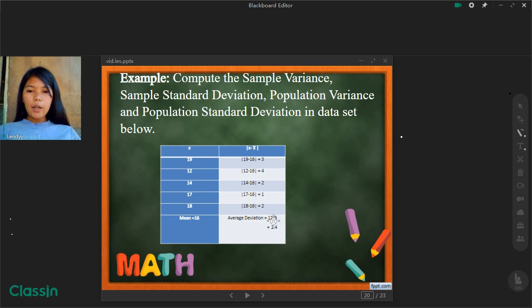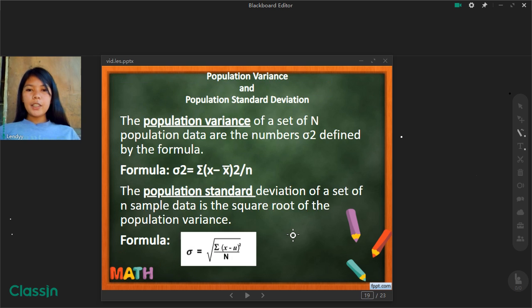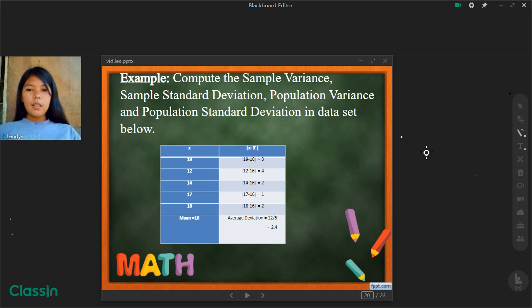The result of our summation of x minus mean is 12. And in our sample variance, we will use those results and we will square it.